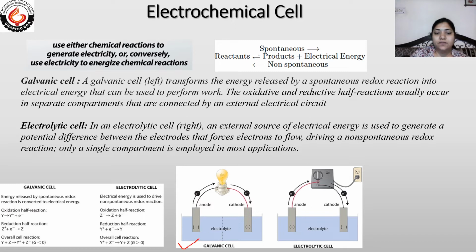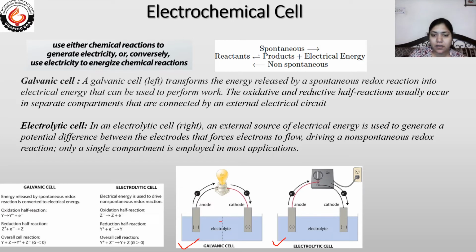Here the diagrams for the galvanic cell and electrolytic cell are given. This one is for the galvanic cell and this one is for the electrolytic cell. In a galvanic cell, the oxidation and reduction reactions occur in different chambers or compartments. These two compartments can be joined with the help of a salt bridge, or can be separated with a semi-permeable membrane.